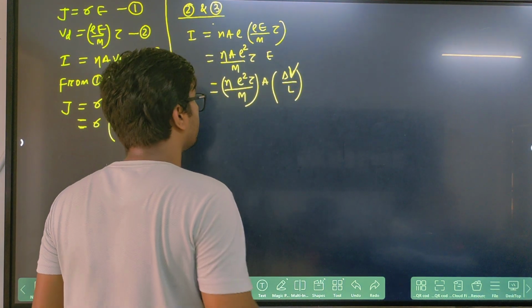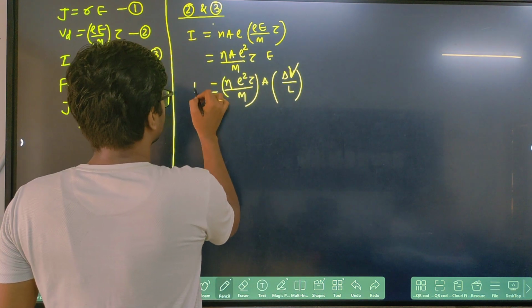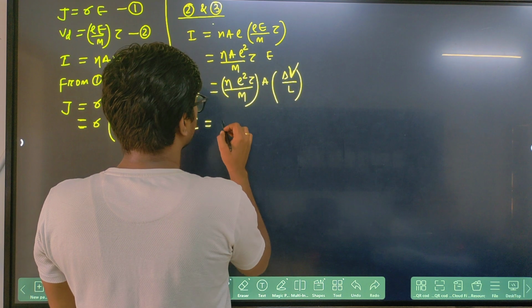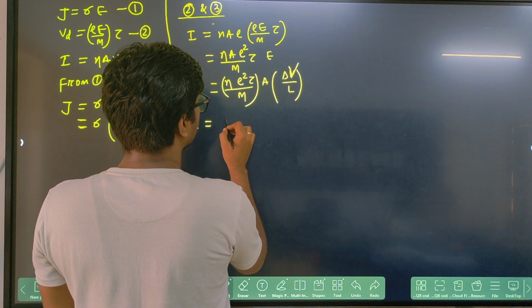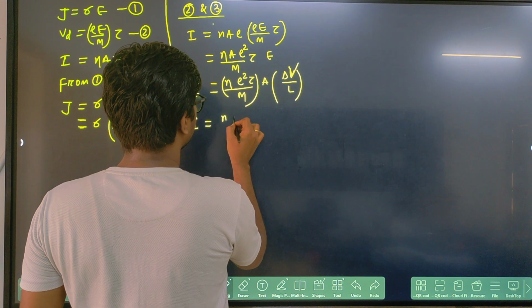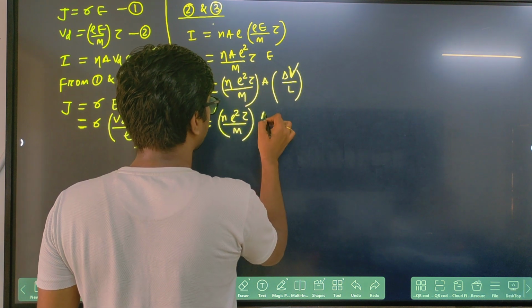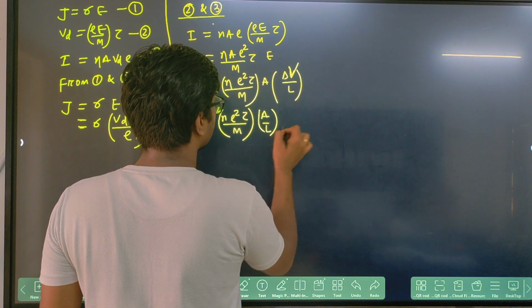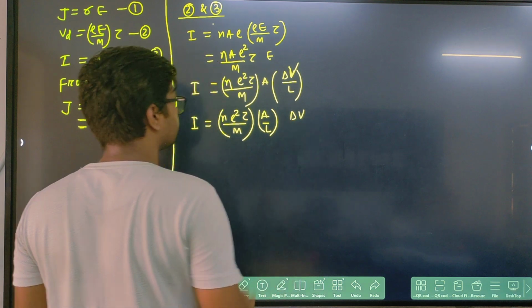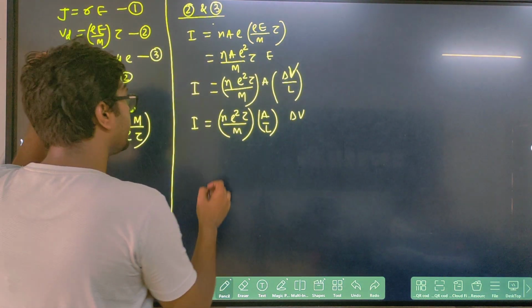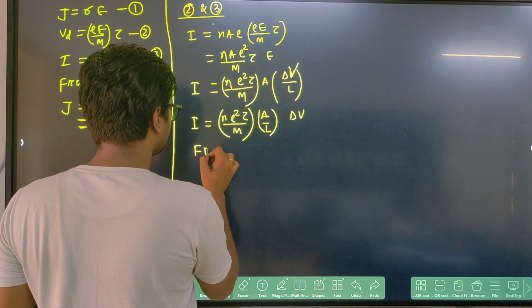So I equal to ne square tau divided by m into A by L into delta V. Clear? This I got.